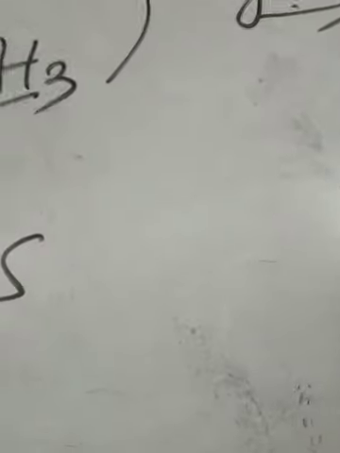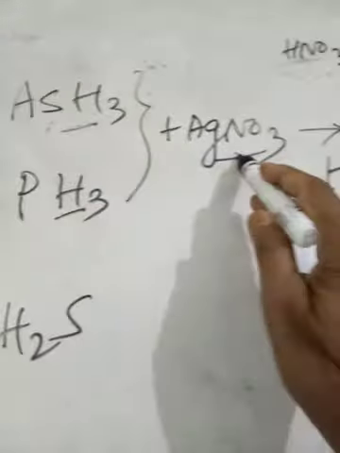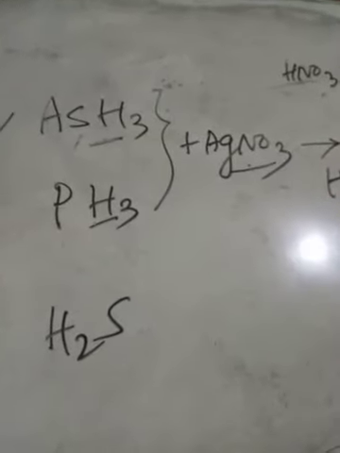If you take the reaction of phosphine, you will get nitric acid plus silver phosphide, Ag3P. So arsine and phosphine mixed with hydrogen react with silver nitrate, forming these compounds. Thus they are absorbed, and pure hydrogen gas will be obtained.